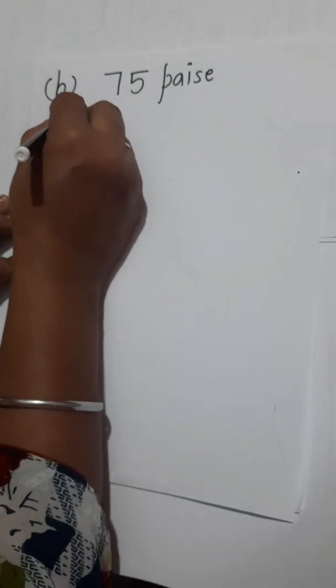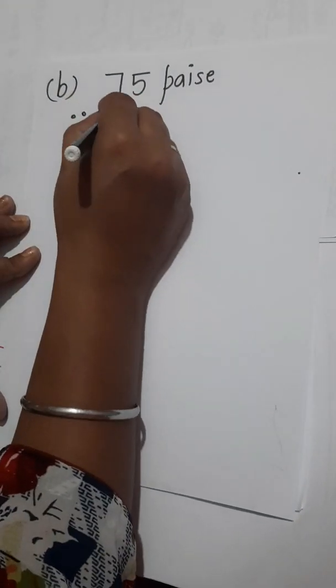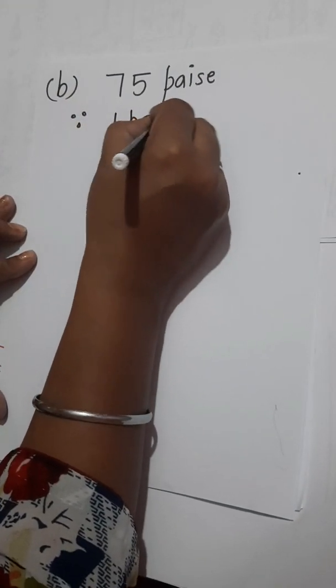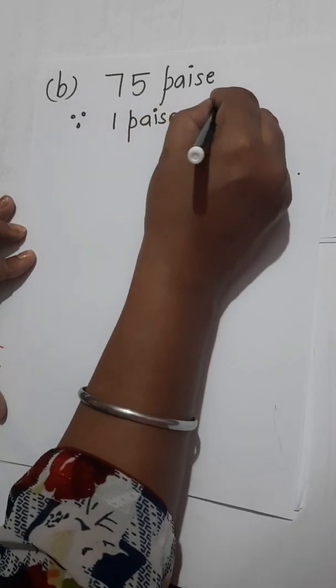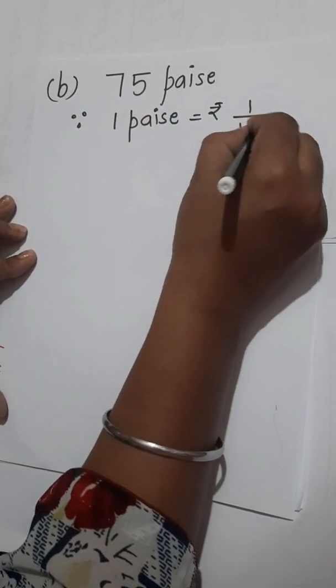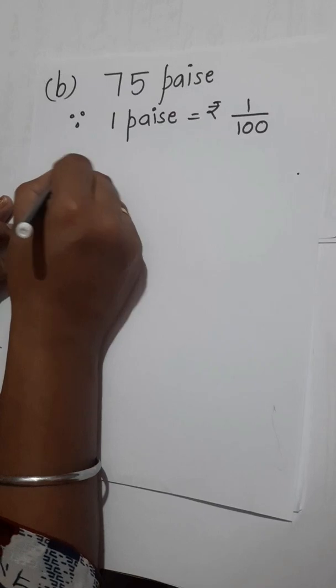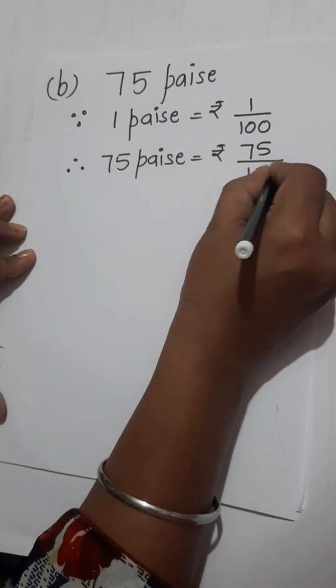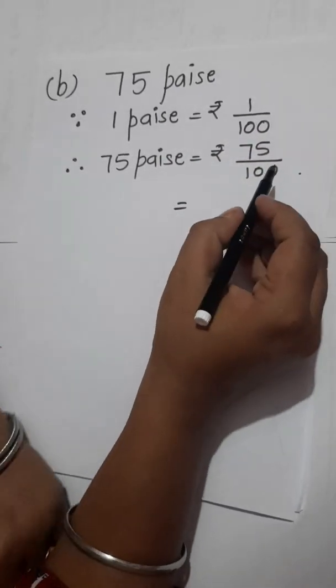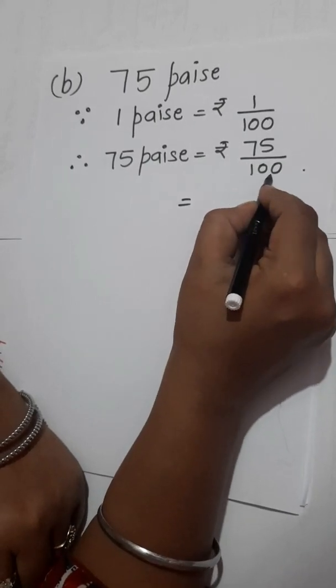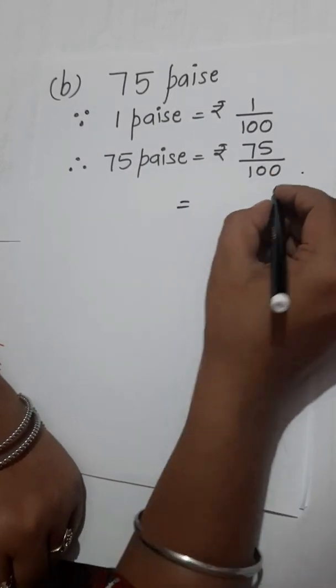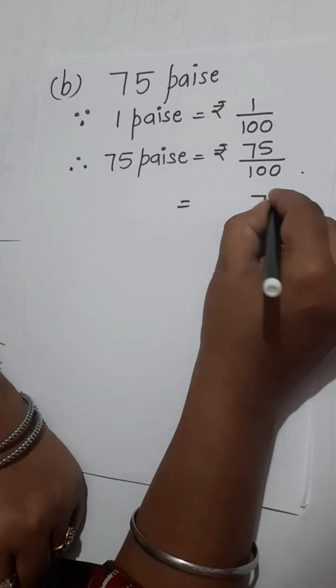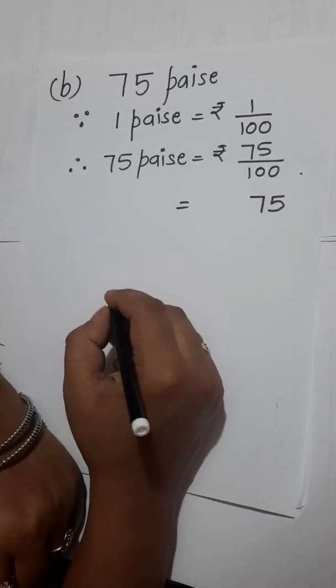As we know that whenever you have to convert paise into rupees, just divide the given number by 100. So here we have, therefore, 75 paise is equals to 75 upon 100. As we know that in the denominator we have 2 zeros, and whenever you have to put decimal, firstly write the number in the numerator.